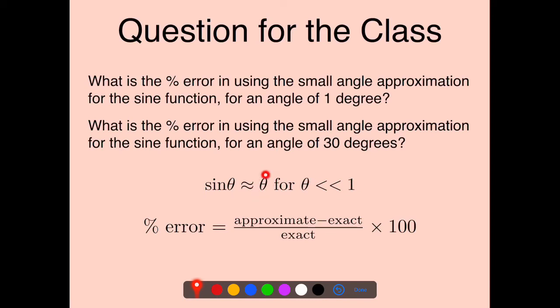By the way, we're talking radians here. And the percent error is given by approximate minus exact over exact times 100. So try to make these calculations to see how far off the small angle approximation is in each one of these cases. Pause the video, see if you can get it, and then come back to the video when you think you have your answers.